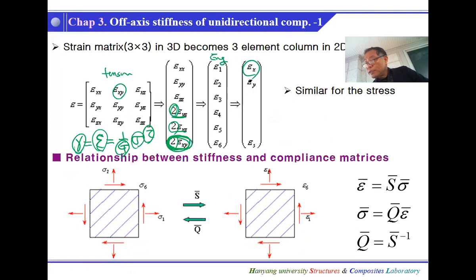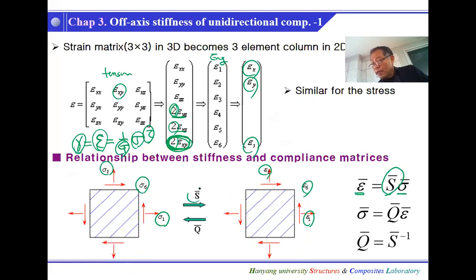So in two dimensions, this one, this, and that. So in off-axis coordinates, we apply sigma 1, 2, and 6. This is the stress we apply. And now the strain we observe is epsilon 1, epsilon 2, epsilon 6. This strain has a relation to this sigma, and this is called compliance in off-axis coordinates.